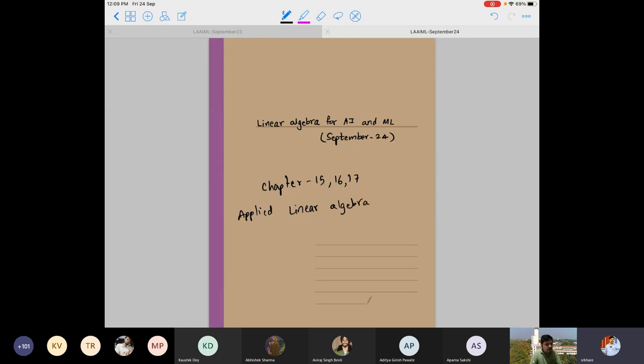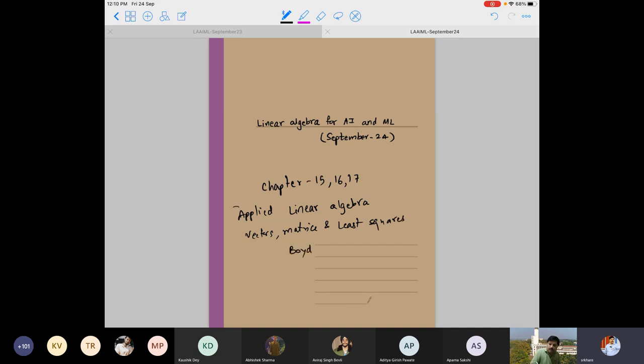What is the title of the book? Introduction to Applied Linear Algebra, Vectors, Matrices, and Least Squares, right? So these three chapters very nicely from Stephen Boyd's book.